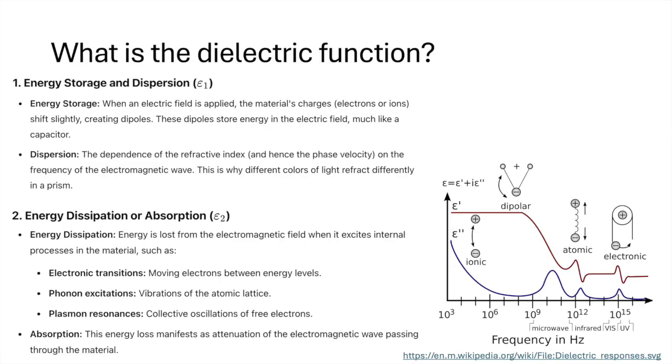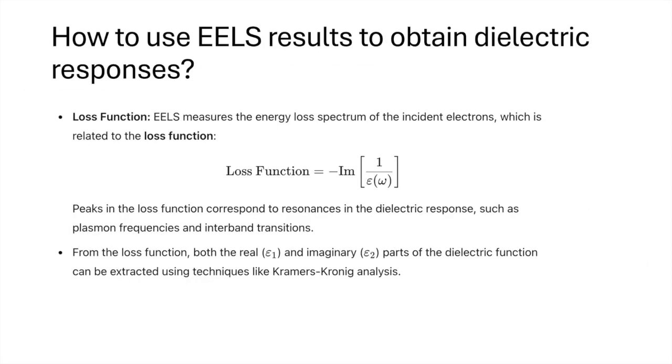This slide contains more information on the real part and the imaginary part of the dielectric function. One thing I'd like to draw attention to is the imaginary part of the dielectric function, because this is what EELS measures. In fact, in EELS, what we actually measure is not epsilon omega directly, but something we call the loss function.